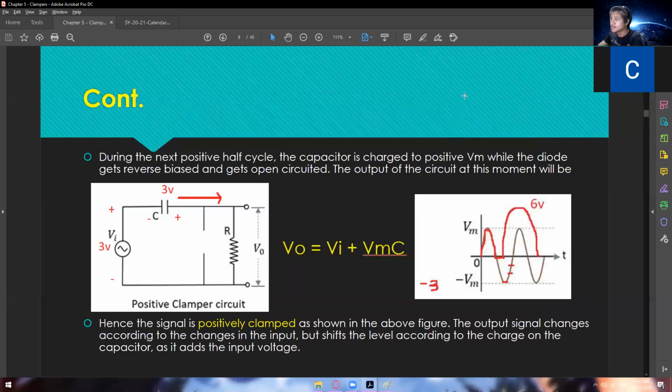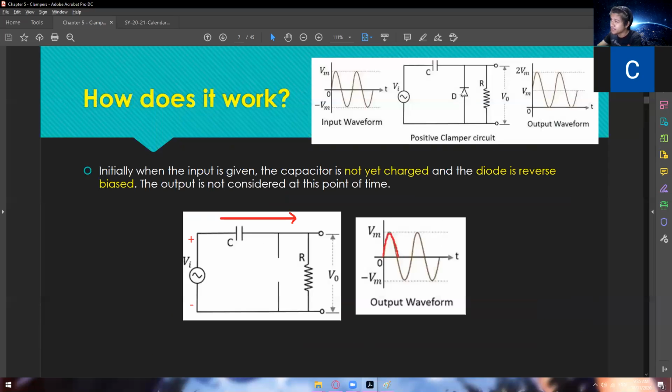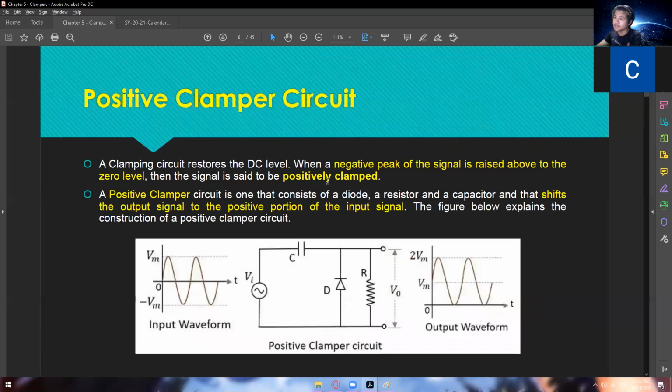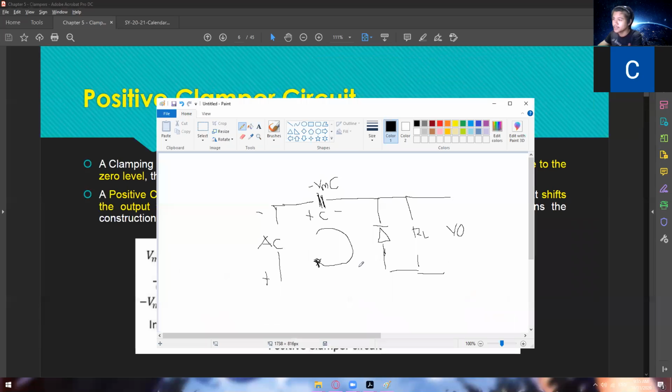As you can see, just by inverting this one, just by flipping the diode, it will now make the circuit a negative clamper. So this one is positive, just flip this one, and it will now make it a negative clamper. So in this case, let's say during the negative, yeah, this one is already correct.